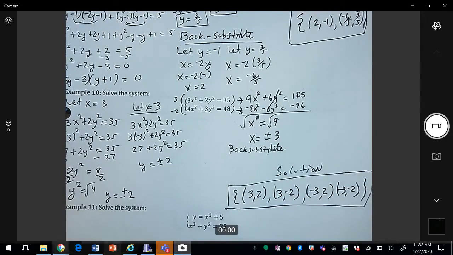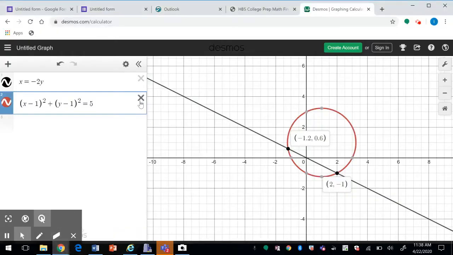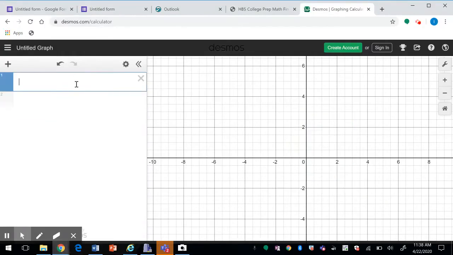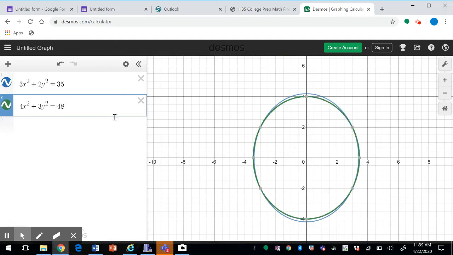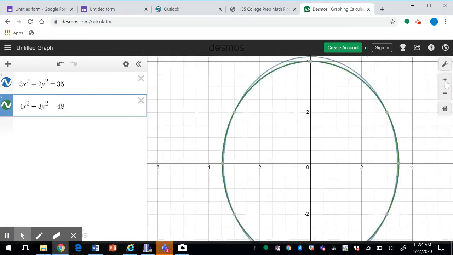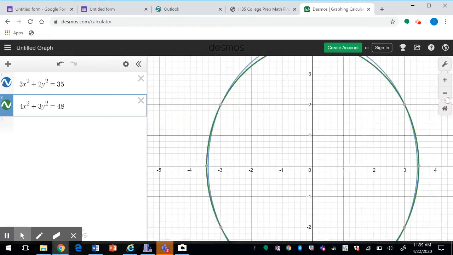Okay, so the graph will look like this. So we have the first equation, 3x squared plus 2y squared equals 35. The second one is 4x squared plus 3y squared equals 48. And so we can zoom in a little bit.